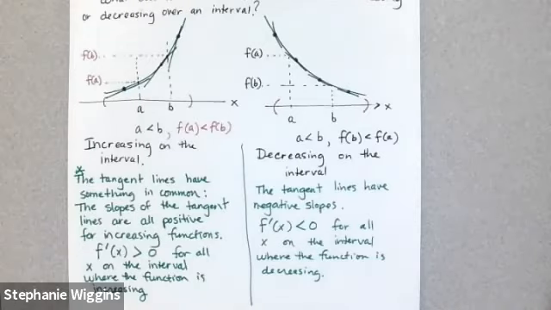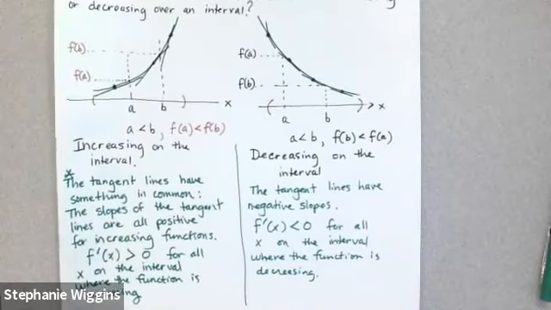And in that situation, there's a point at which it goes from negative to positive or positive to negative. And so you have a point where either the derivative is going to be 0 or the derivative is going to be undefined. And these places where you have that change, that turning, that's called a critical point, or a critical value, I should say. The point itself is the point, but the value where it occurs is referring to the x-axis. So with that introduction, let me move on to talking about critical values.